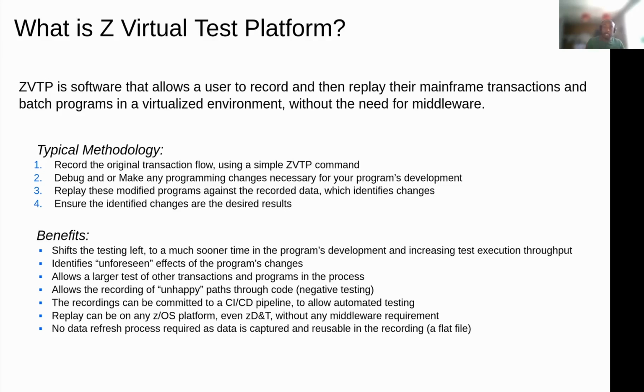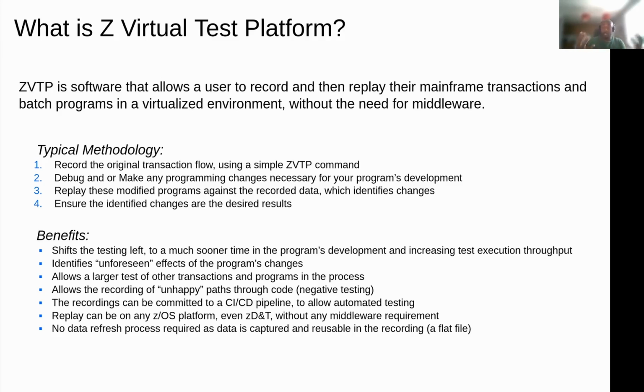Now, when you replay, you might have mismatches between the recording and what you've changed, before change and after change. So the key thing is, you will see mismatches at a program-to-program level, program-to-subsystem level, because we record the program-to-program calls, program-to-subsystem calls, even the input into the application or the transaction.